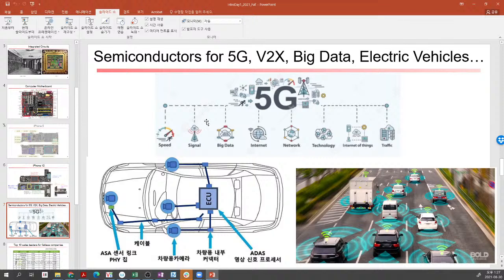So nowadays, semiconductors are everywhere, right? Recently we are in the wireless, 5G era. The speed went up, and we have to deal with very large big data throughout the internet, and the network is very complicated because we have to handle so much data, right?